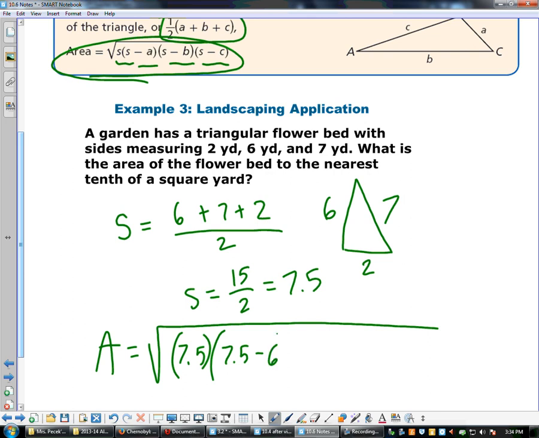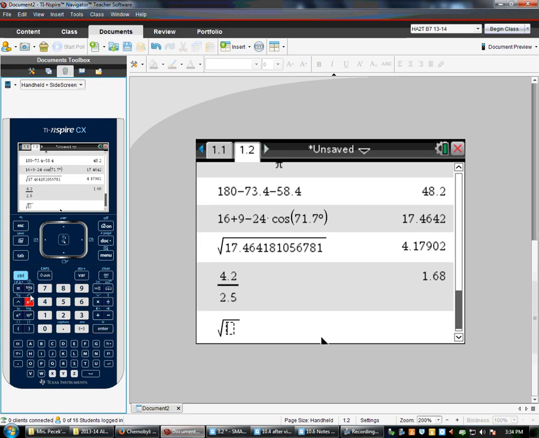So 7.5 minus 6, 7.5 minus 7, and 7.5 minus 2. And then we're taking that on our calculator. So we're going to do the square root of 7.5 times the quantity 7.5 minus 6 times the quantity 7.5 minus 7 times the quantity 7.5 minus 2.